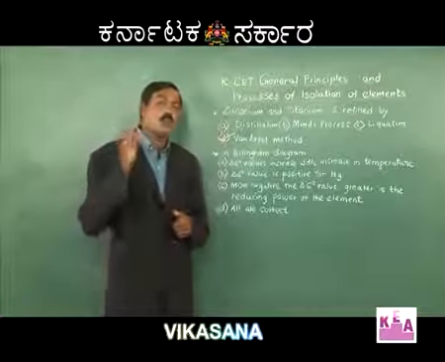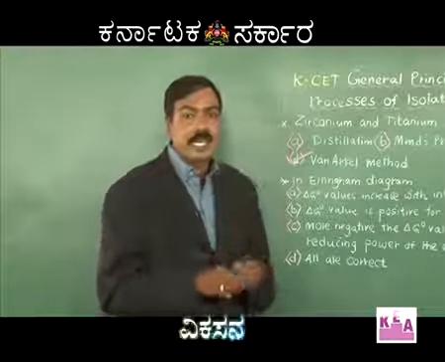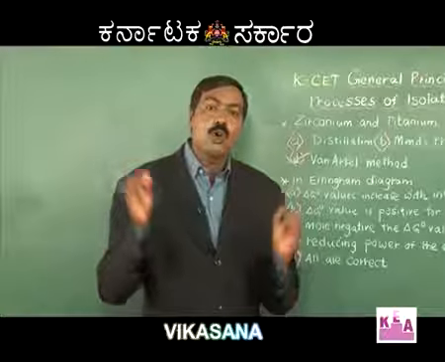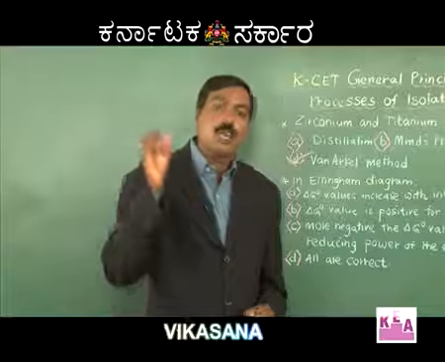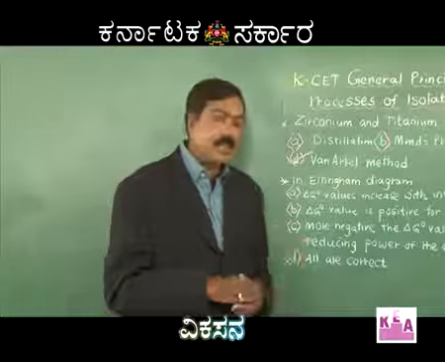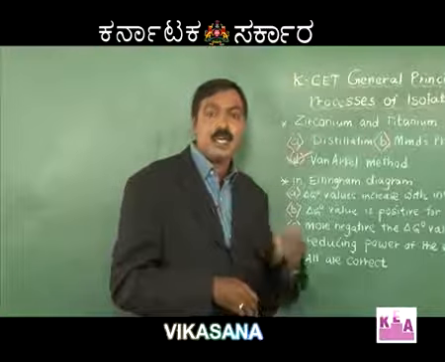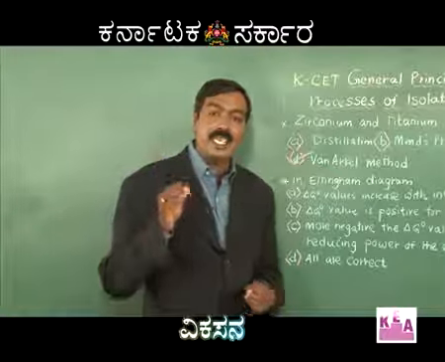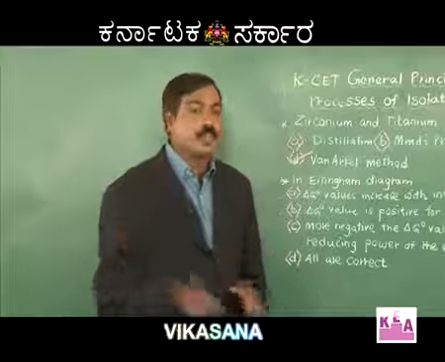Wherever there is a change in the slope of the line, the substance undergoes a transformation. Meaning, all this while it was a liquid, it tends to become a gas. All this while it was a solid, it tends to become a gas. Therefore, wherever there is a change in the slope of the line, it undergoes phase transformation.